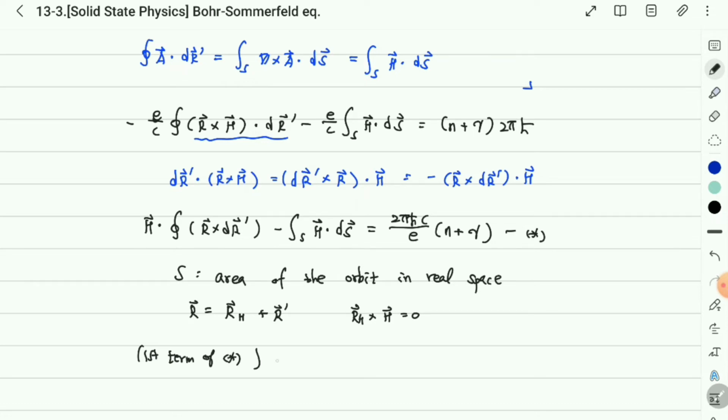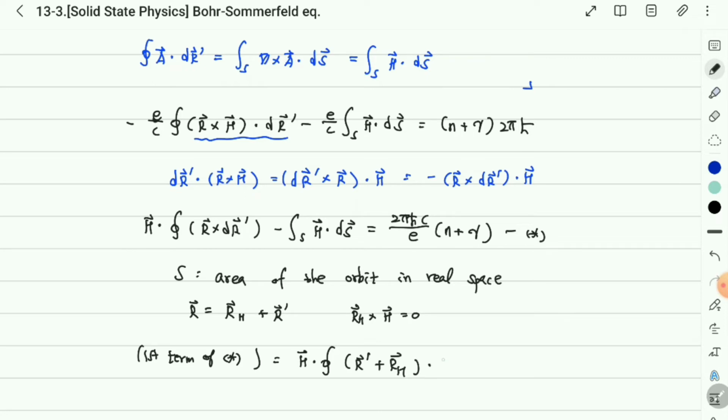The first term of the star is h dot the line integration of R, decomposed as R prime, which is the perpendicular direction to the magnetic field, and R_h, which is the parallel direction with the magnetic field.